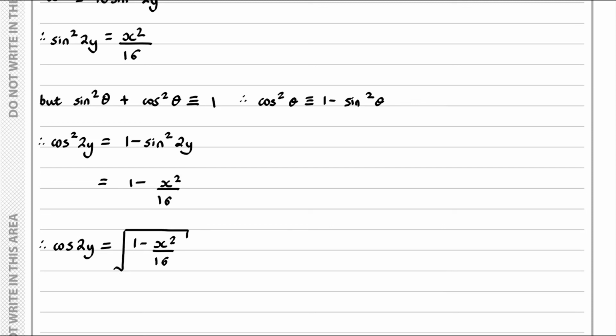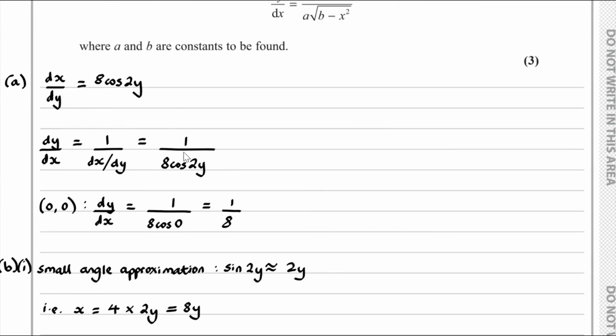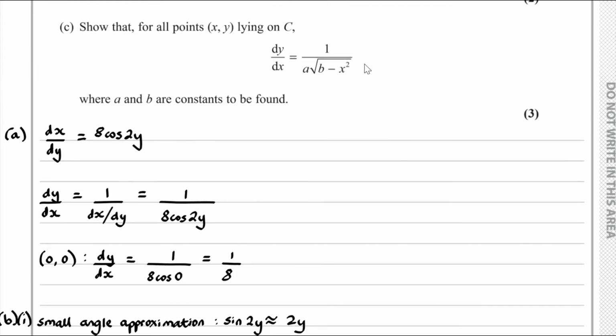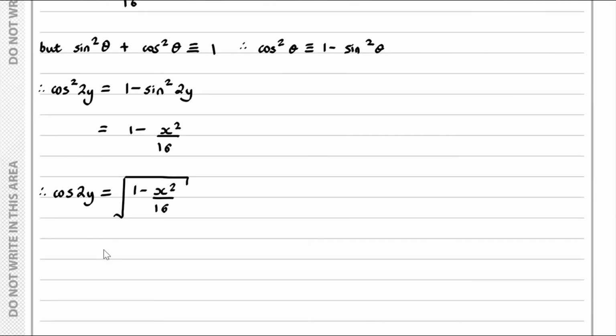And in the question, we have 1 over 8 lots of cos of 2y. And we wish to express this in this form over here. Notice over here we just have an x squared, so we can adjust what we have in an equivalent form. If I factorize out a 1 over 16, we have 1 over 16 lots of 16 minus x squared, square rooted.